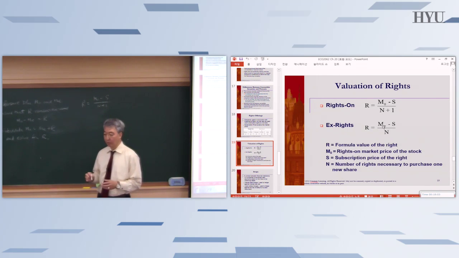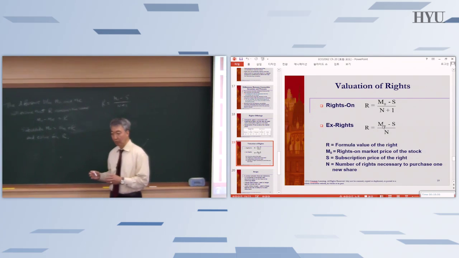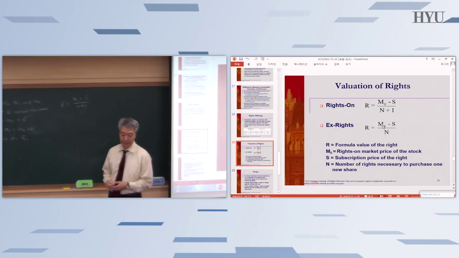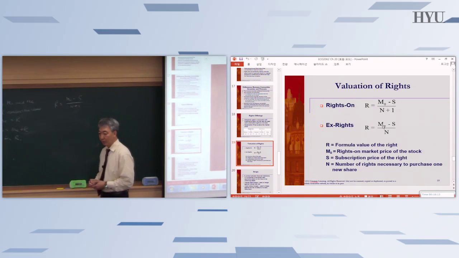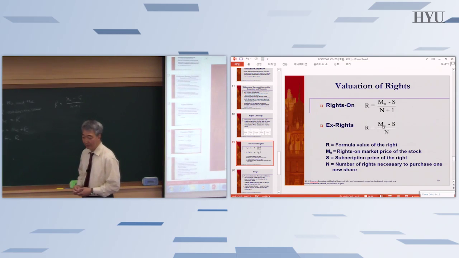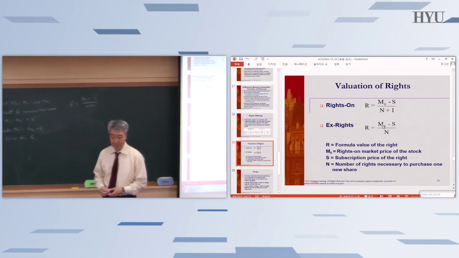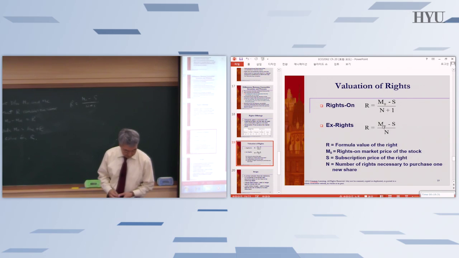Because the ratio is 50 to 5, right? Well, the question says the common stock is currently selling at $50 a share.